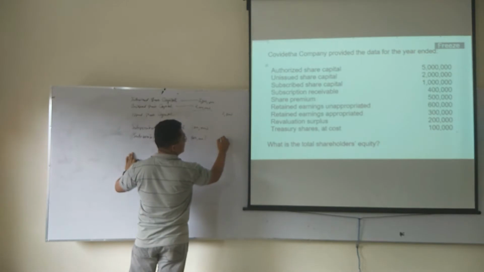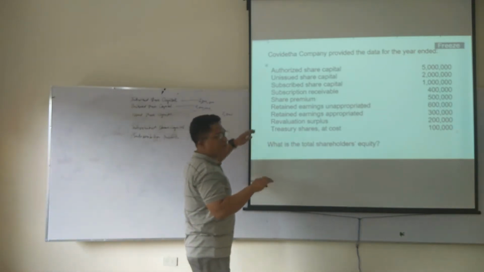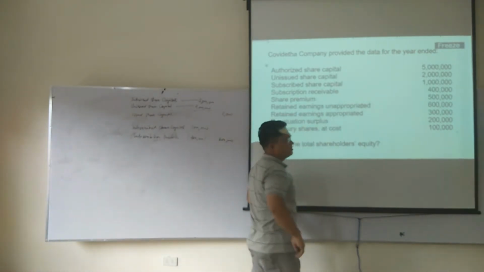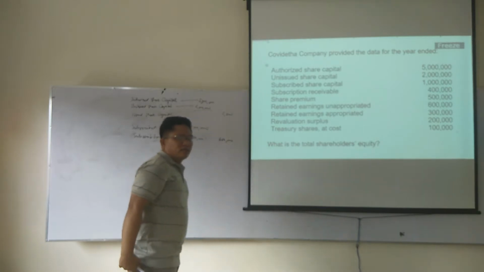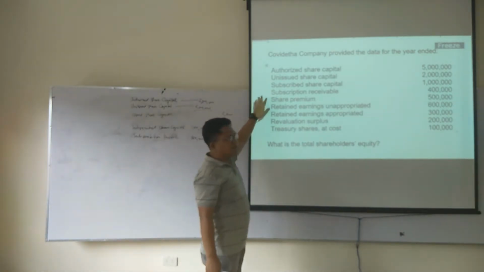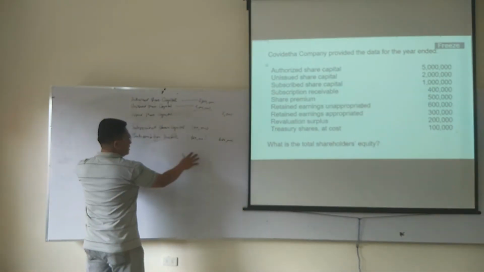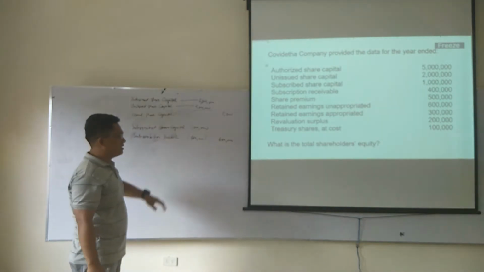So that means the net subscribed capital is 600,000. If the problem is silent, subscription receivable is assumed to be not collectible within the year. If it's collectible within the year, this is shown as current assets. If not, it is shown as a deduction from subscribed share capital.